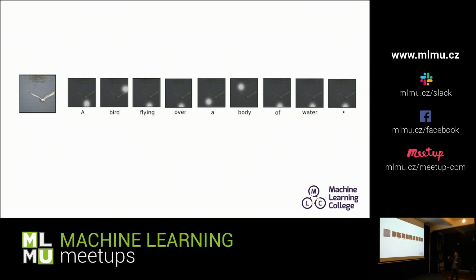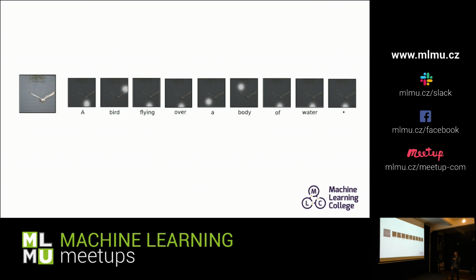An extra step further in text generation is attention. So you can have, again, this text generator: a bird is flying over a body of water. But instead of extracting the embedding from the original image and then letting the generative model generate the text, you can have an attention module, which looks at the image every time it generates the next word, and you can see where the model is looking during the generation of the text.